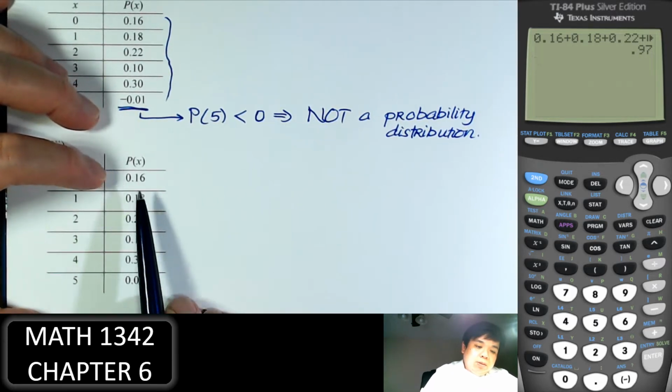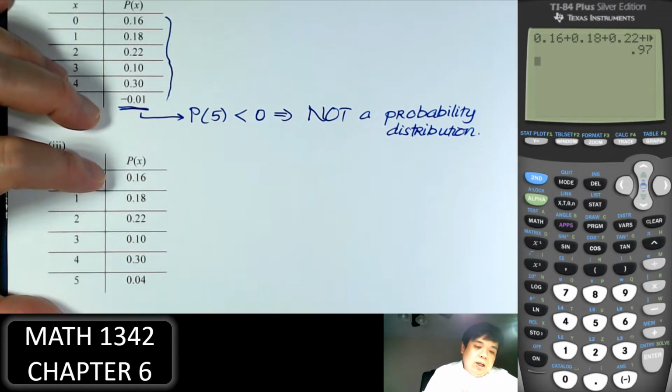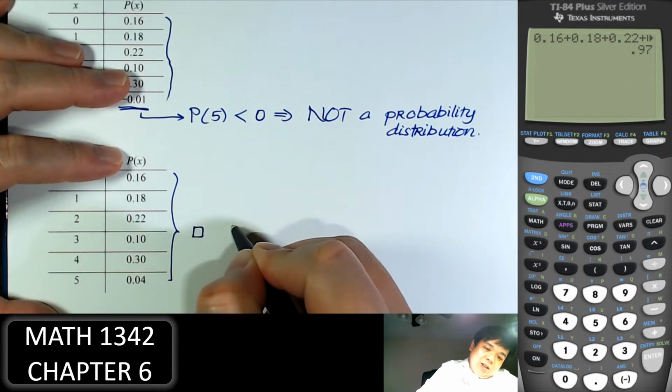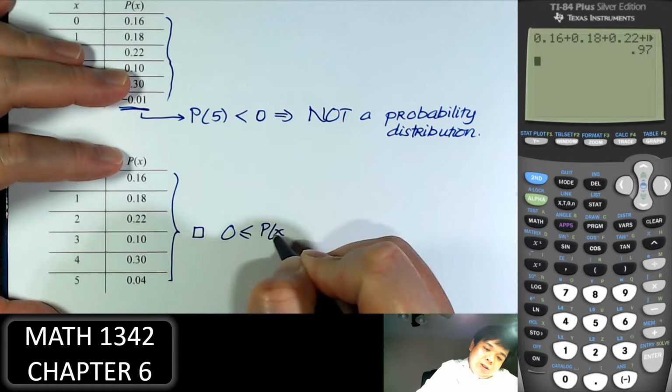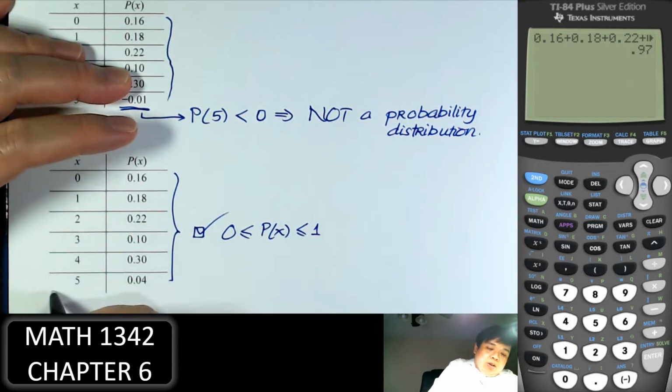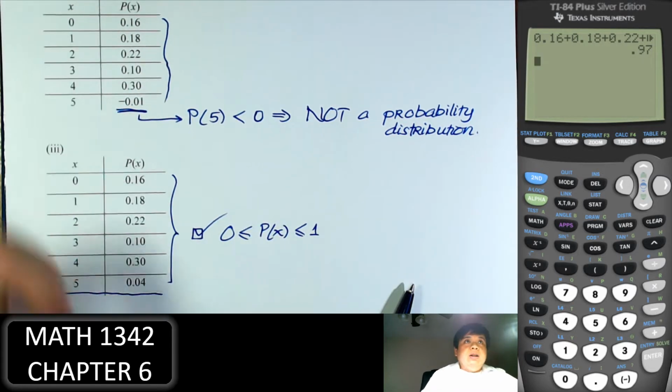Next, all of this is between 0 and 1, so that one's good. And we just need to make sure that they add up to 1.